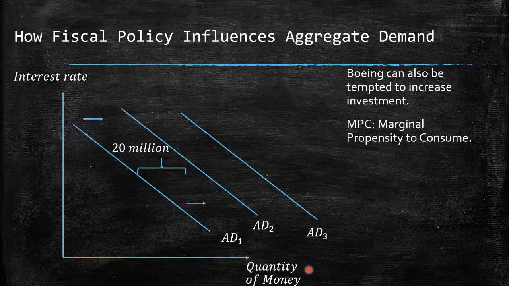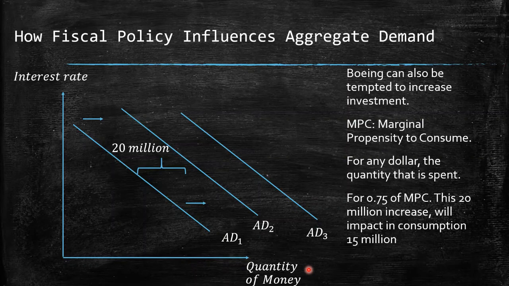So then this is MPC. We need to talk about the marginal propensity to consume. Basically, for any dollar, this is the quantity that is spent. It is a value that lies between 0 and 1, and the closer to 1, you are spending more money on consumption instead of saving or investing. Here we have, for example, 0.75.